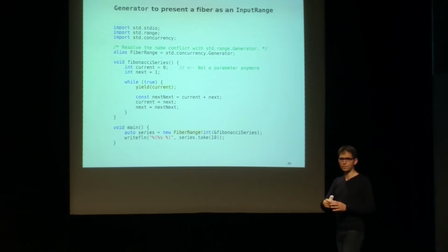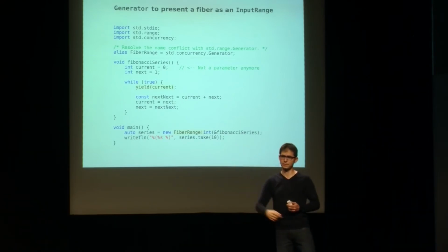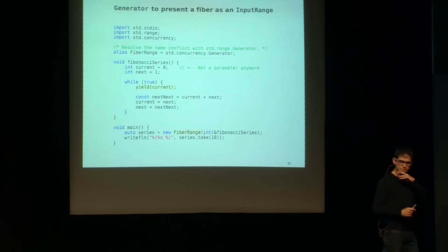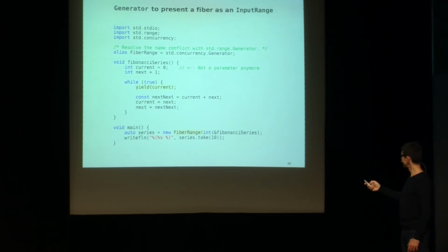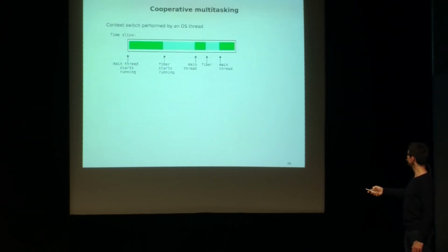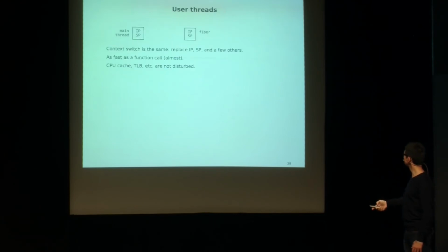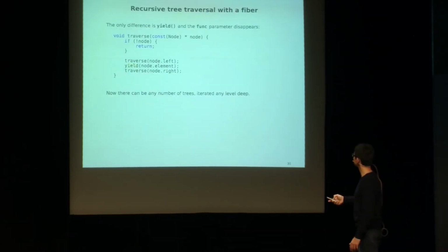Because once you go into opApply, you can call arbitrary depths of functions. But fibers remove that need too. So you can write any range this way yourself. I like it a lot, because it brings that elegance to tree iteration.